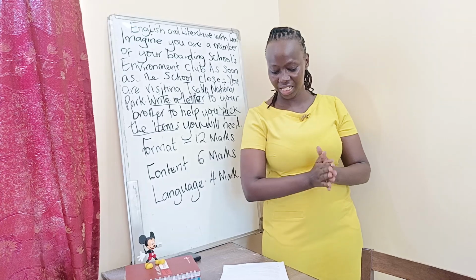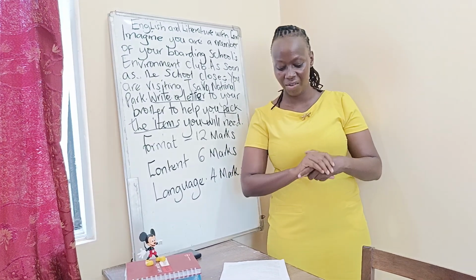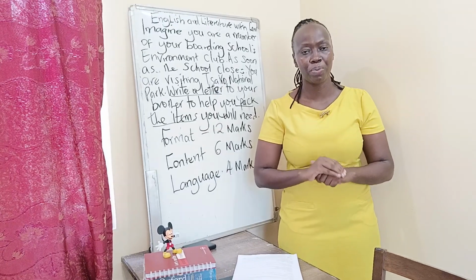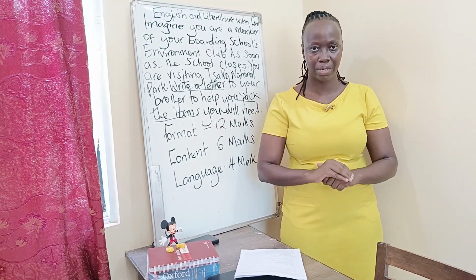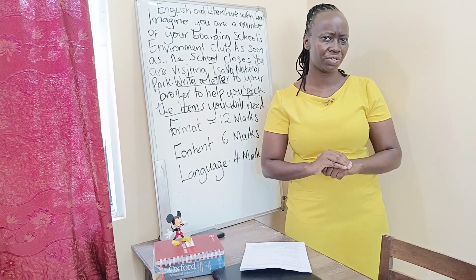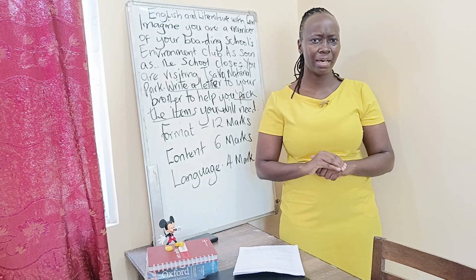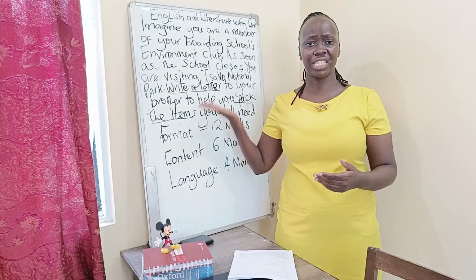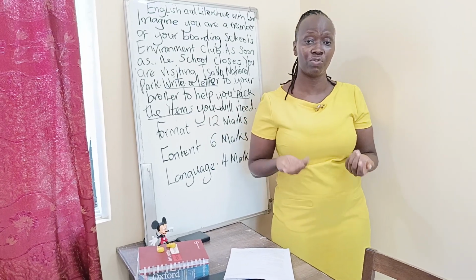And then the next thing that you must do is that you must have what you call the salutation. Definitely that is your brother. You know his name. I wonder, some students are a bit interesting. Why would you write dear brother or sister, when you know very well you have been asked to write to your brother, and you know the name of your brother?